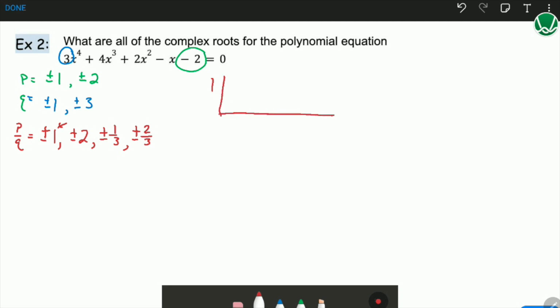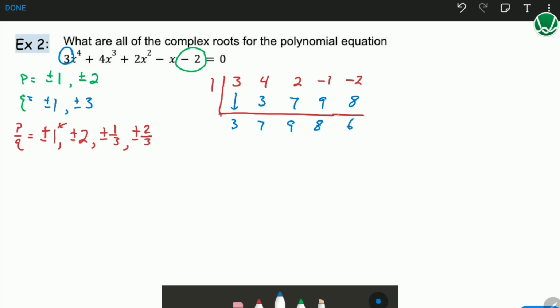So if I try positive 1, we have 3 as our coefficient, 4, 2, -1, and -2. We're not missing any exponents, so I don't need any placeholders. I'm going to drop through this really quickly. We'll multiply and add, multiply and add, multiply and add, multiply and add.